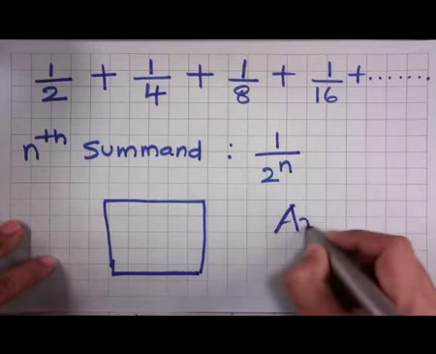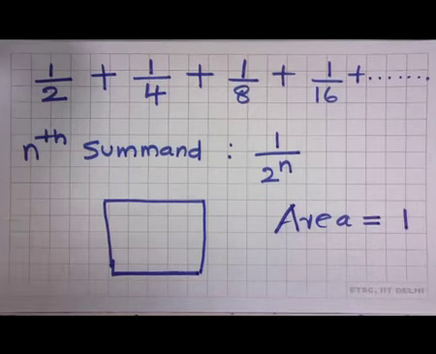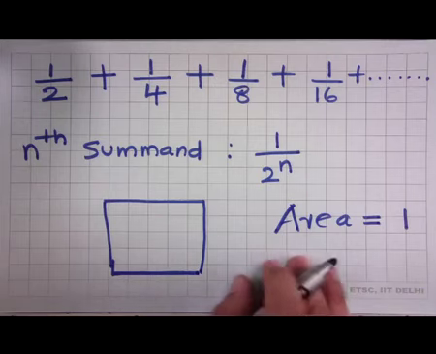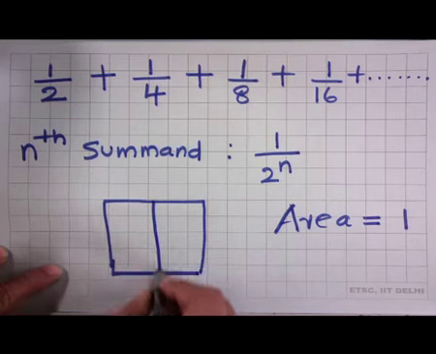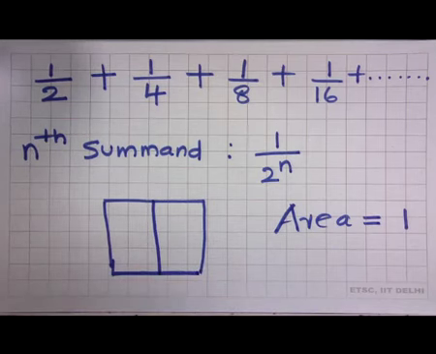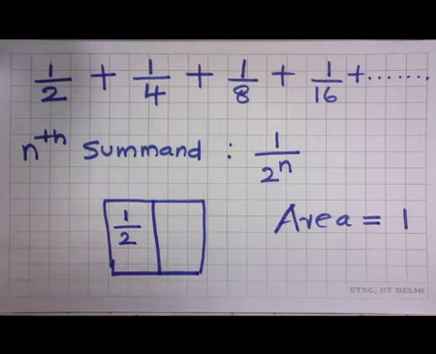We all know that its area is 1 square units. Let us halve this square. Then area of the first half will be half square units.